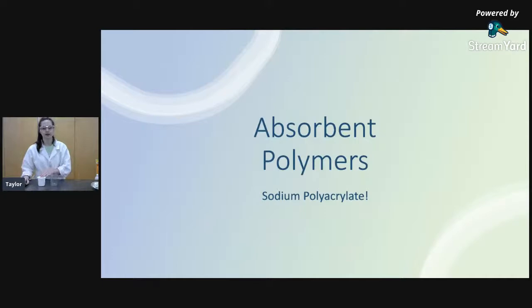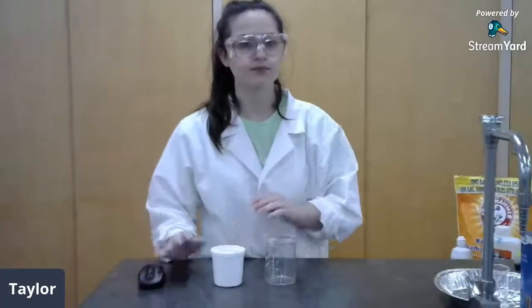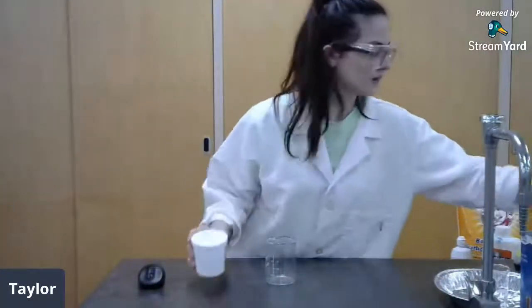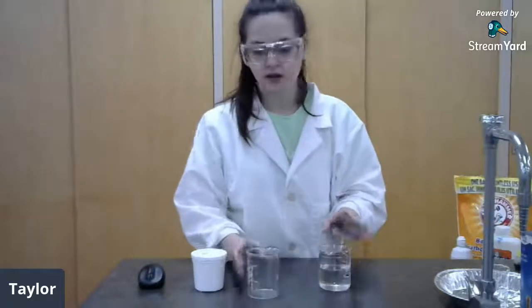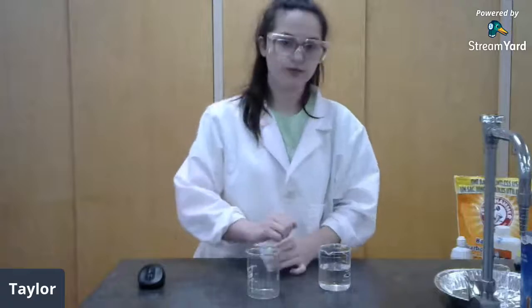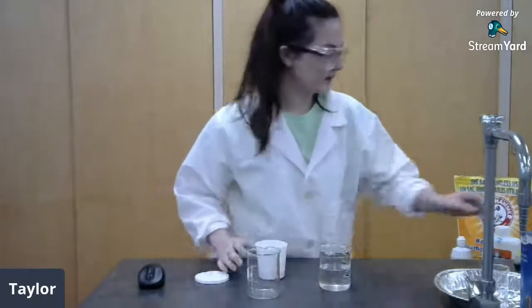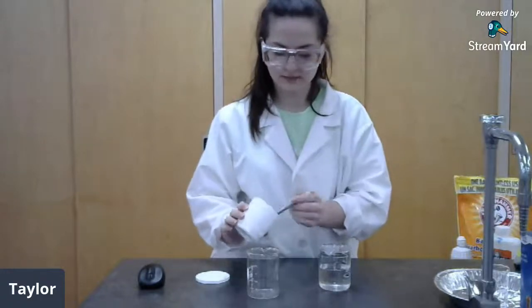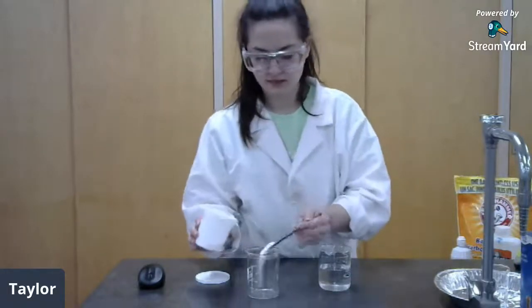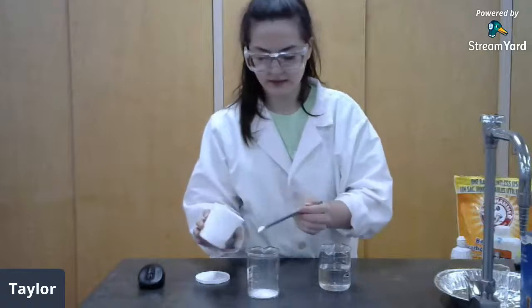I have some here, and I have some water in this beaker, and this beaker is just empty. Now, all we need is just a scoop. So I'm going to grab a scoop of this, and another little bit for good measure.